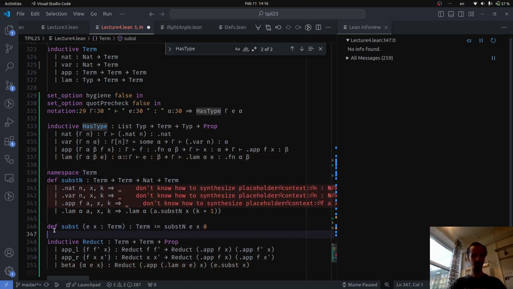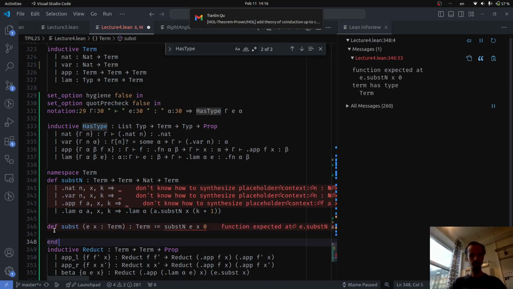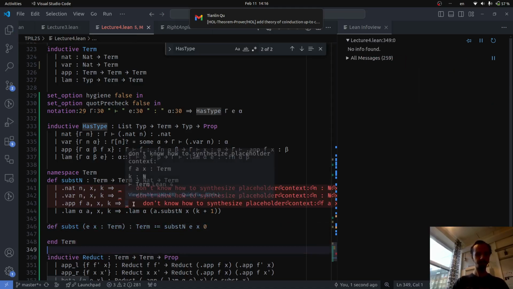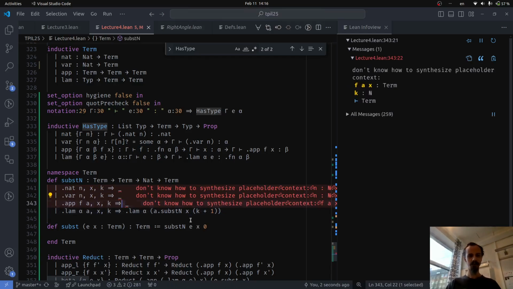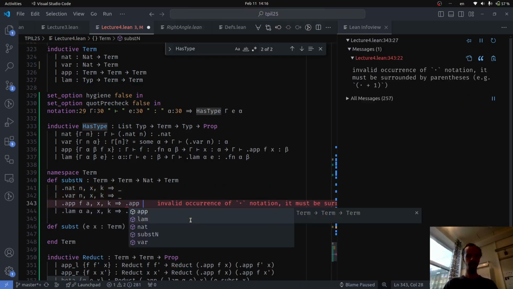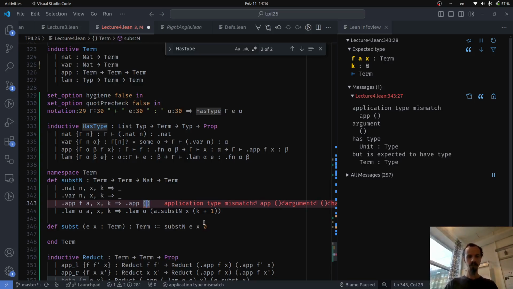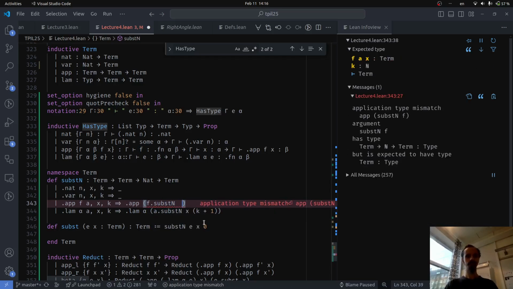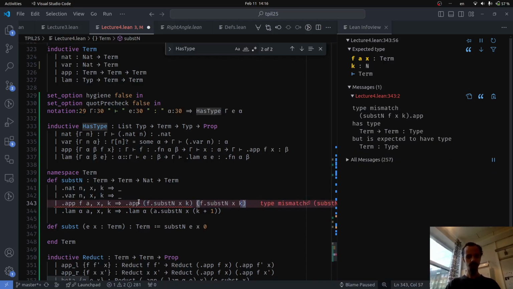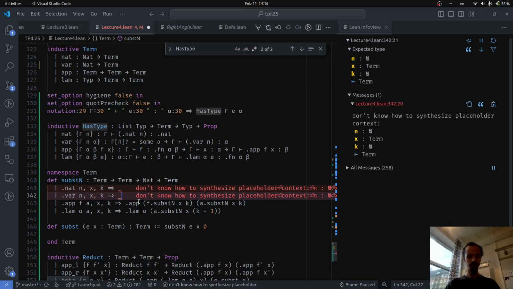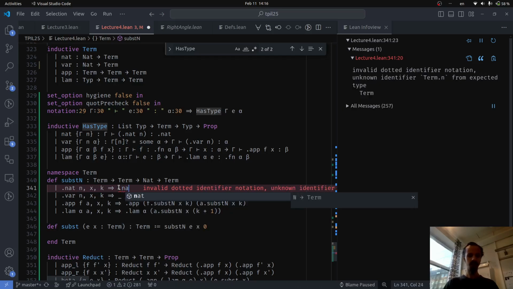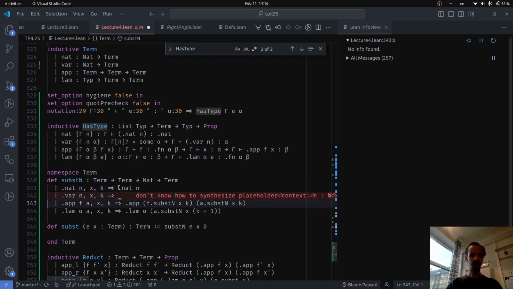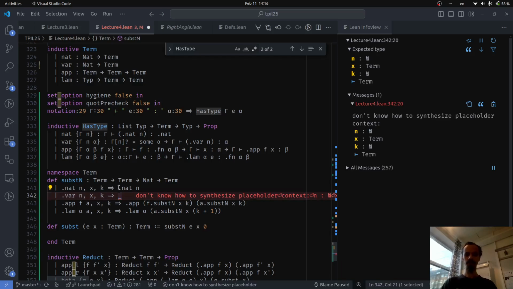Substituting into an application is just structural. Substituting a natural number is easy. And then the interesting case is variables.